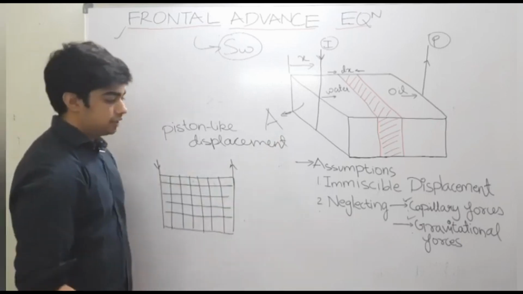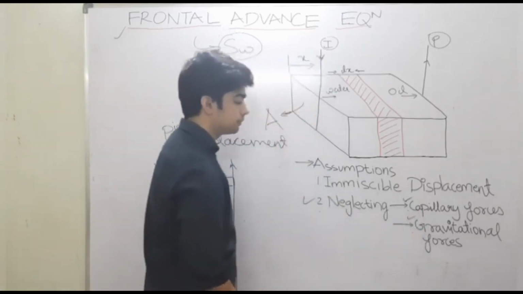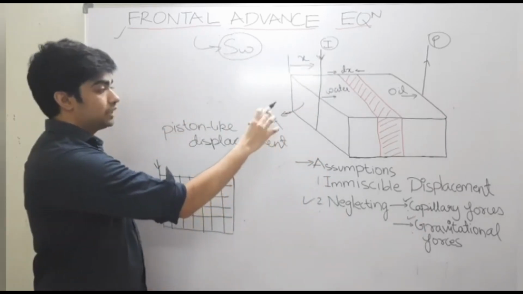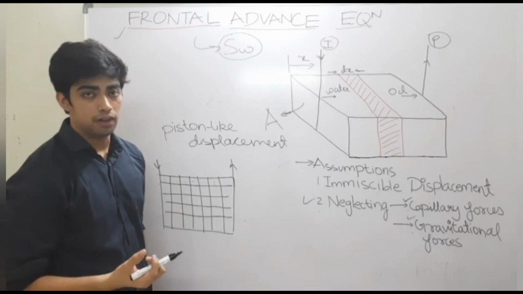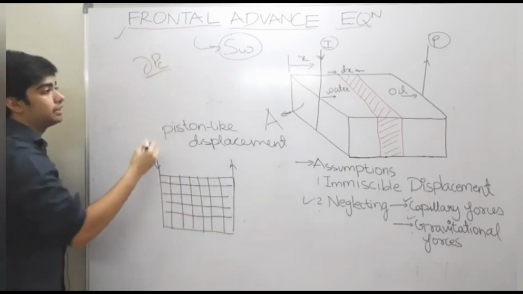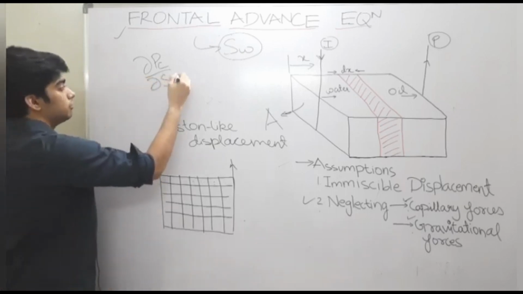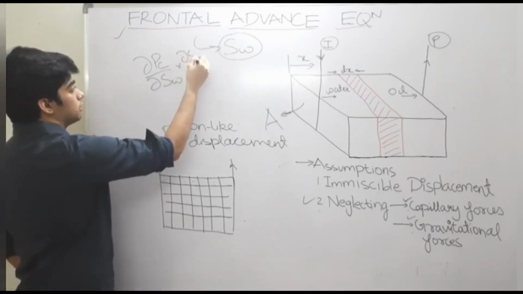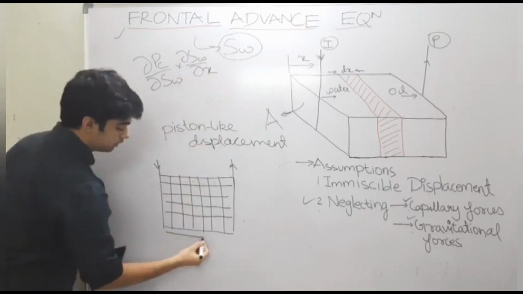Now the second major assumption is that we neglect capillary forces and gravitational forces. Even though we know that this reservoir block is a porous medium, and capillary forces are one of the most crucial parameters in defining the flow of fluid, capillary pressure depends upon the saturation, and saturation depends upon the distance.